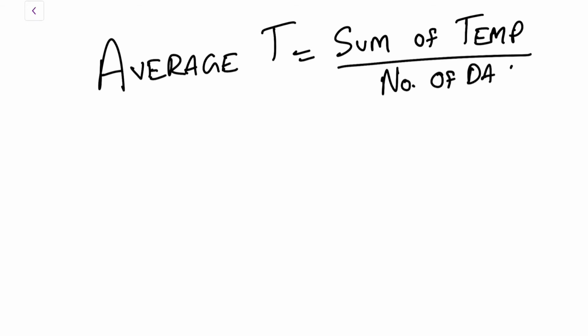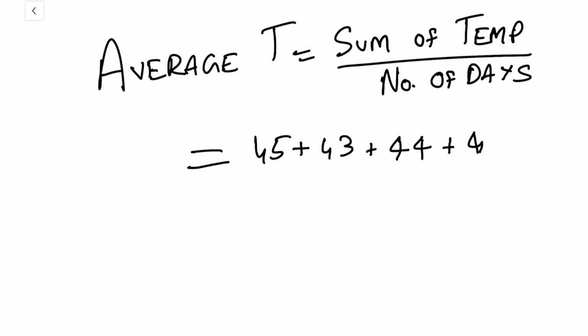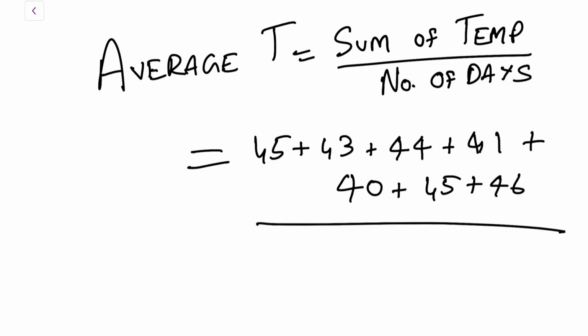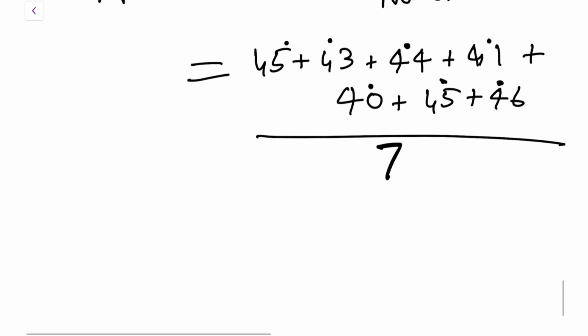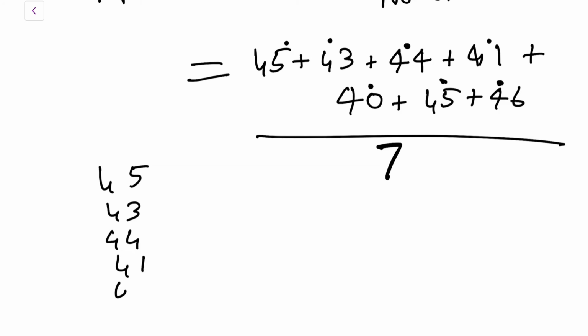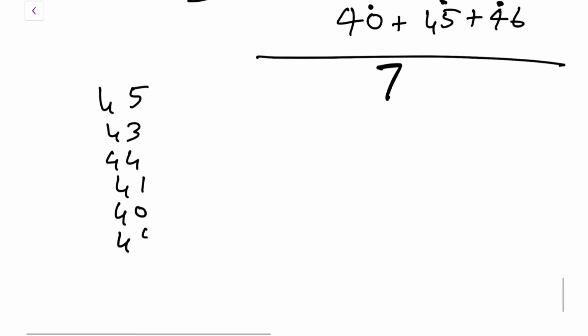What is the sum of temperature? They've given 45 plus 43 plus 44 plus 41 plus 40 plus 45 plus 46. How many days? They said it's in a week. So week has how many days? 7 days. You can see 1, 2, 3, 4, 5, 6, 7. Now do the addition.